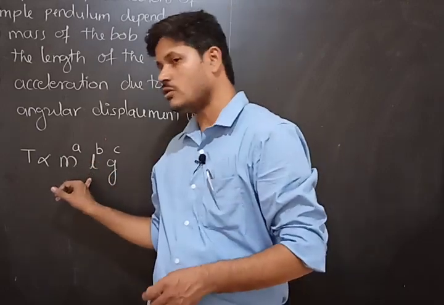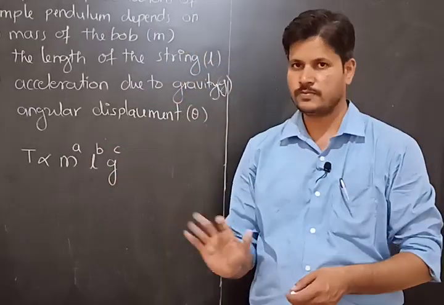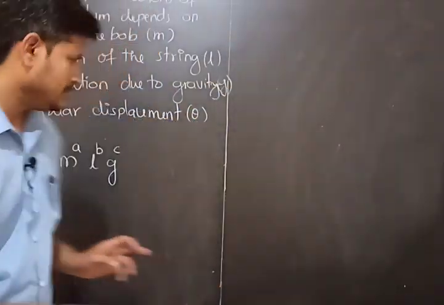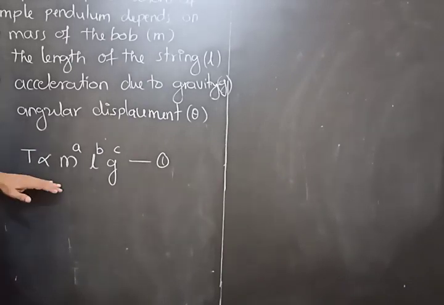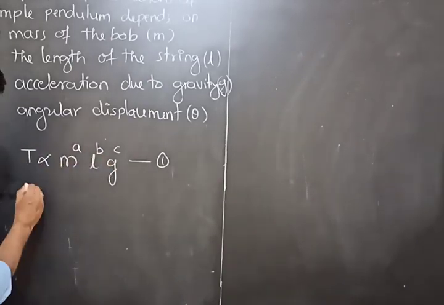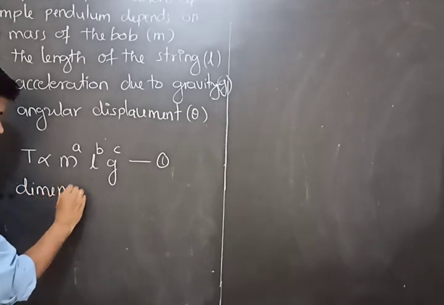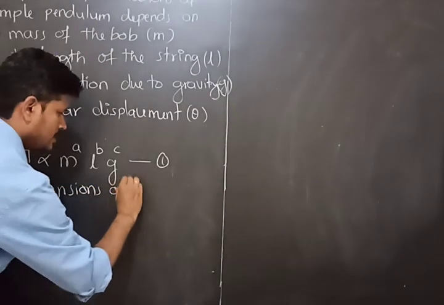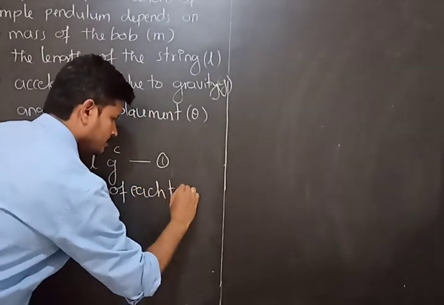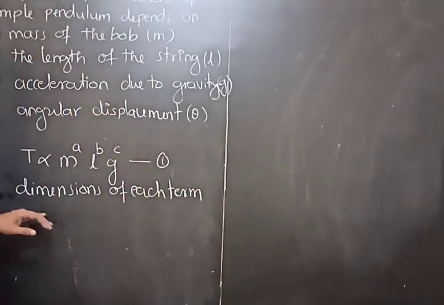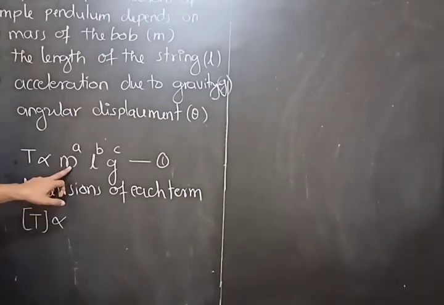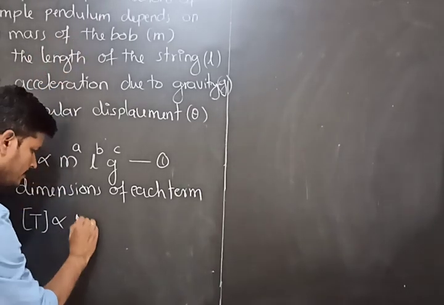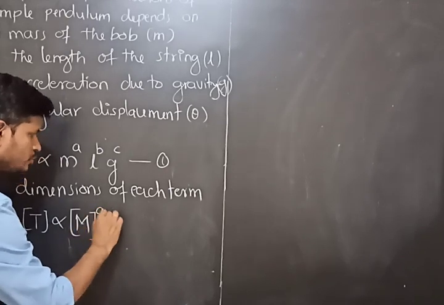So the dimensionless quantity should not be considered. So first this is equation 1, right? Now write the dimensions of each term. First, time period T is proportional to m, mass, m raised to a.